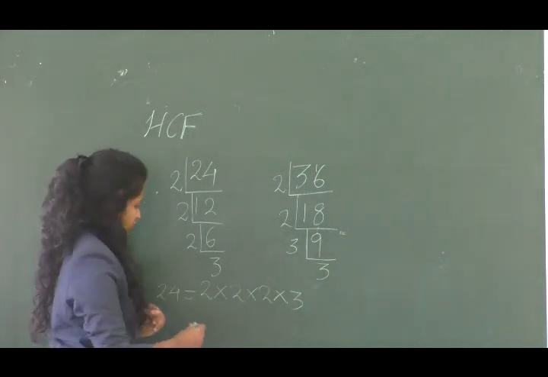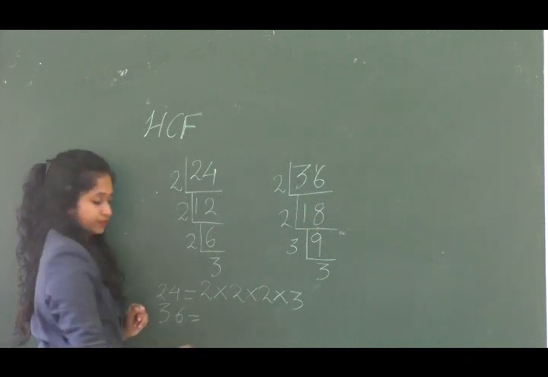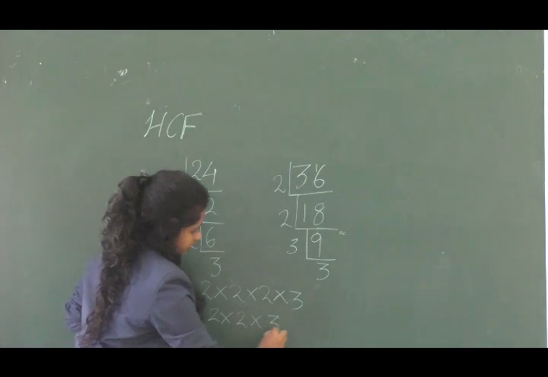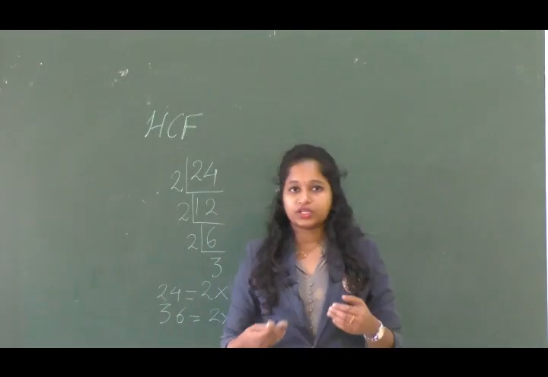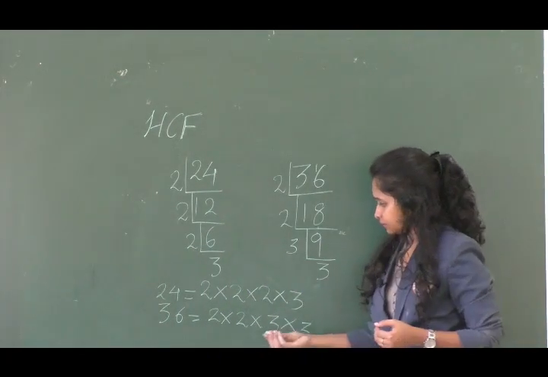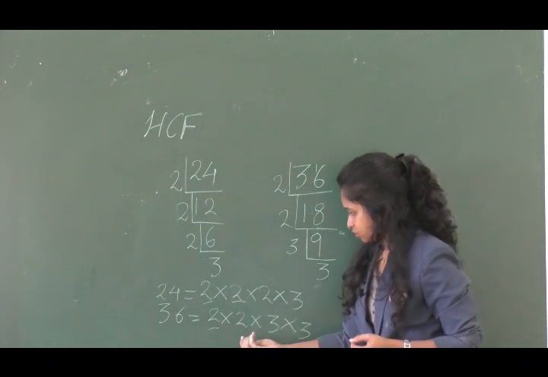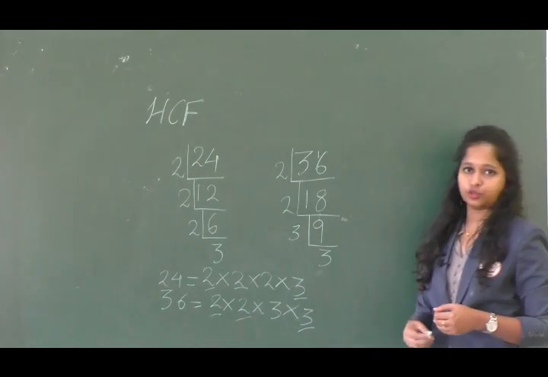So 36 can be written as 2 into 2 into 3 into 3. Now let's see what are the common factors. Here 2 is common, one more 2 is common, and 3 is common.